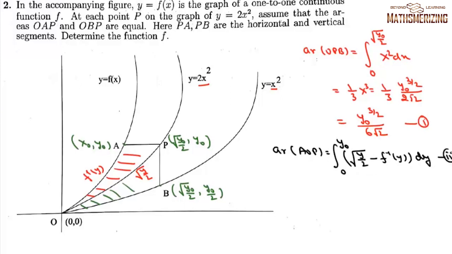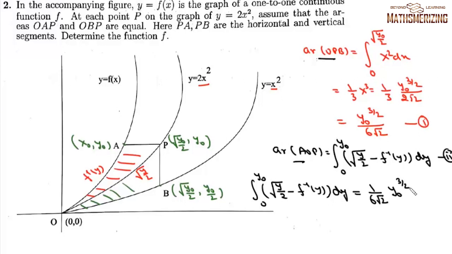And that's our second equation. And the question says these two areas are equal. So we can write the integral from 0 to y naught of square root of y by 2 minus f inverse y dy will be equal to 1 upon 6 root 2 y naught to the power 3 by 2.